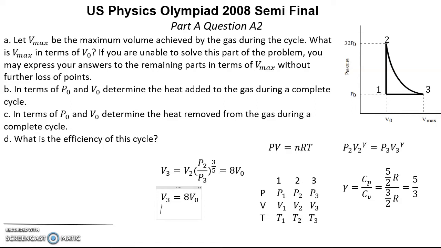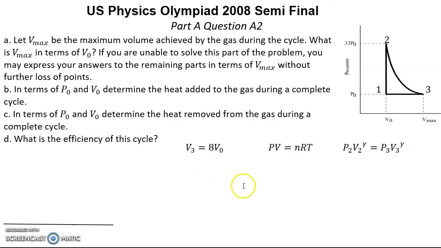And we can use all these formulas without temperature. We don't even need this table. We can leave only this part, V3 equals 8 V0. Let's find Q in, the heat added during the process from 1 to 2.